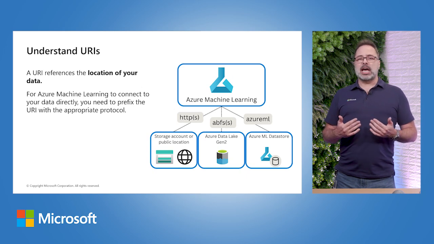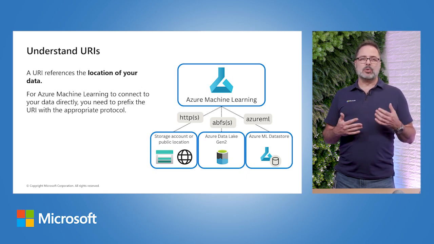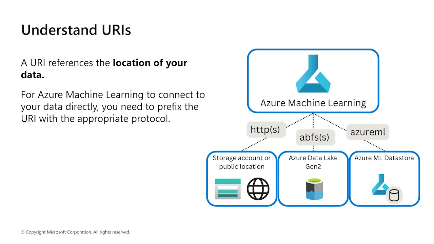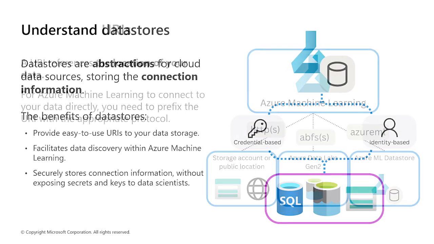And if we're connecting to the Azure ML data store, we would use Azure ML at the beginning of our URI. One thing worth mentioning here is that by storing the connection information to URIs, as well as data stores and data assets within the service, we can avoid having connection information in our code, like within a notebook.